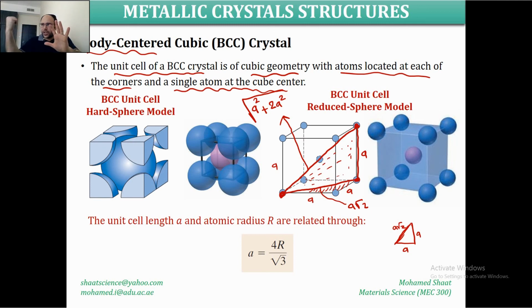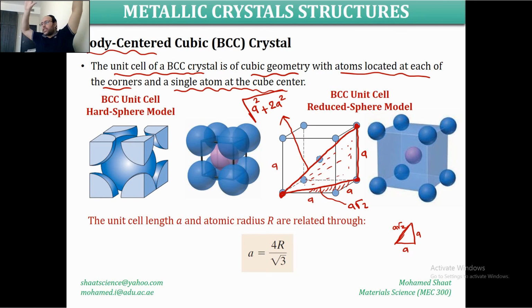We chose one face in the FCC, then we calculated the hypotenuse in terms of A, then we calculated the same hypotenuse length but in terms of r. We're going to do the same for this diagonal. Remember that in this cubic room, we do have one atom at the corner and one atom at the other corner, and there should be another complete atom in the middle.